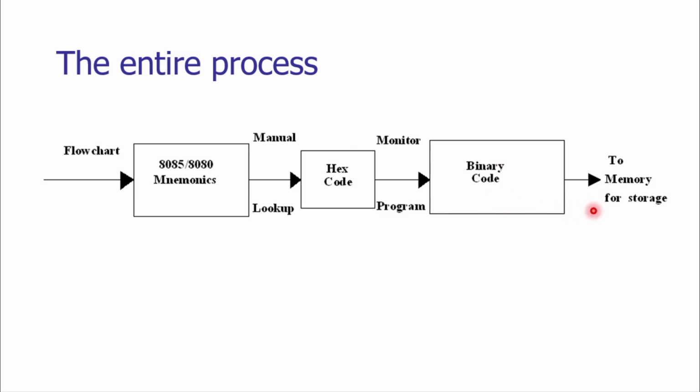That binary code will be stored in the memory of the microprocessor. In a similar way, we can write simple programs. So this is just an introduction to the programming of a microprocessor.